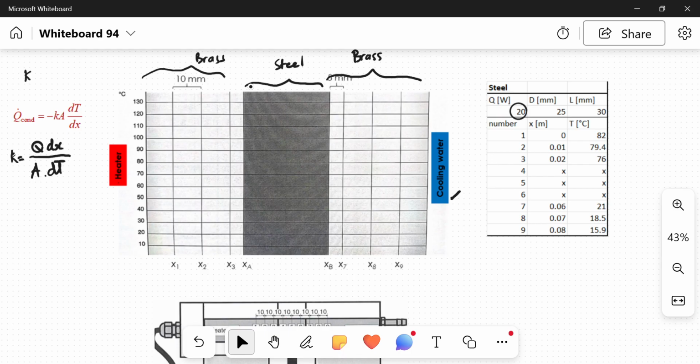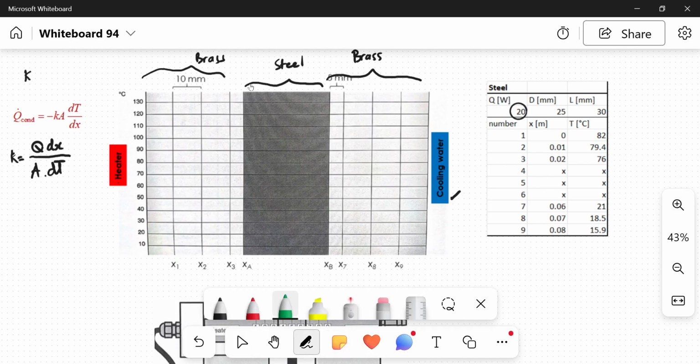In this formula, we already know some quantities, like the thickness of the steel section, which in this case is 30 millimeter.